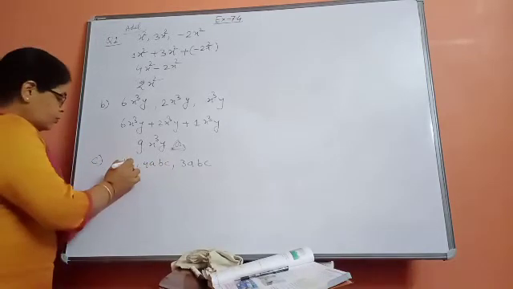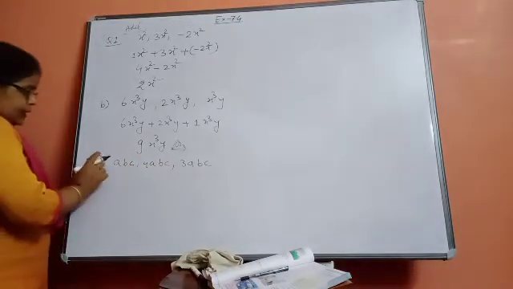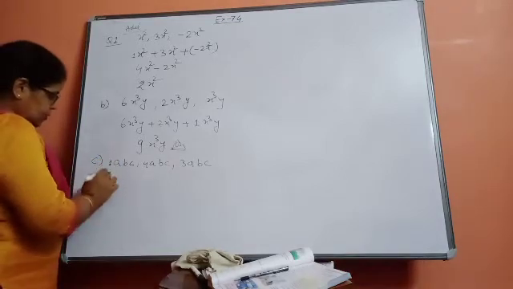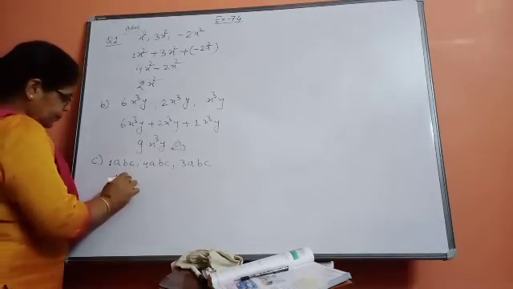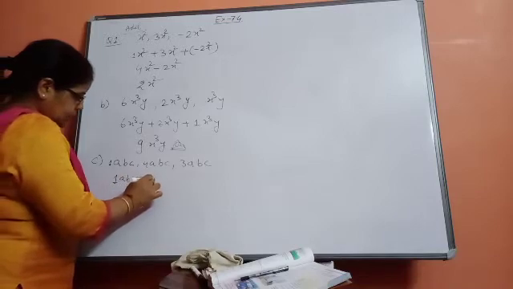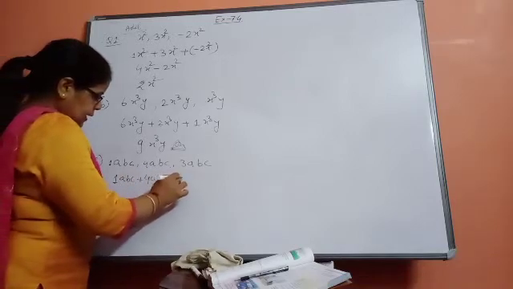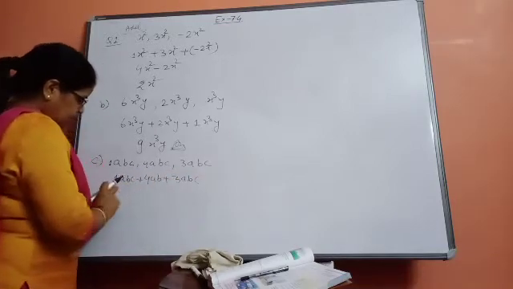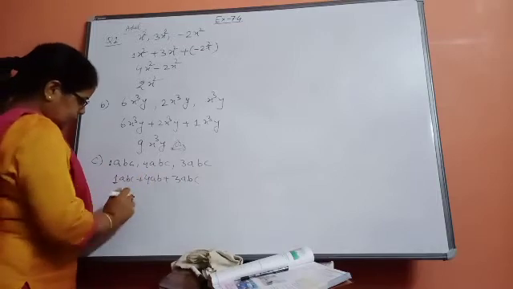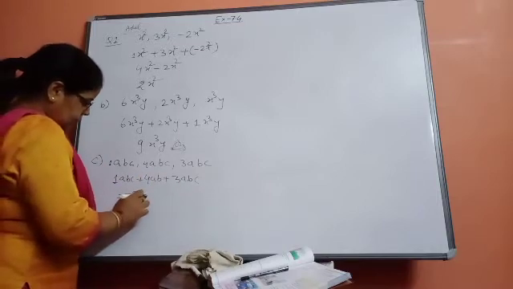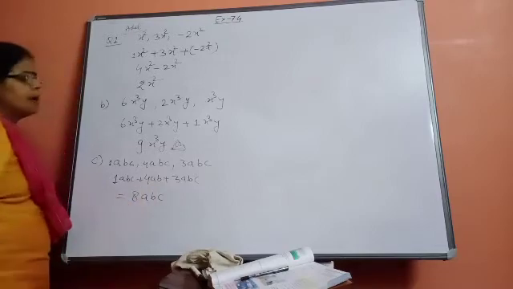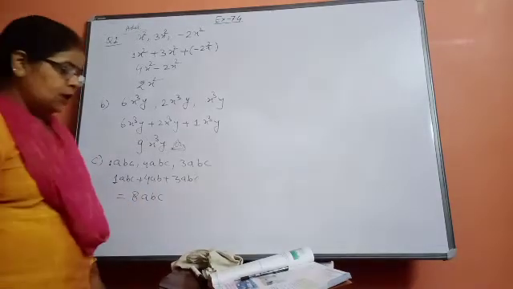So what will you do? Here no numeric value is there, so write 1 here. So 1ABC plus 4ABC plus 3ABC. Beta, 1 plus 4 is 5, 5 plus 3 is 8. So what will it become? 8ABC. So it is very simple. So everybody of you can do that.